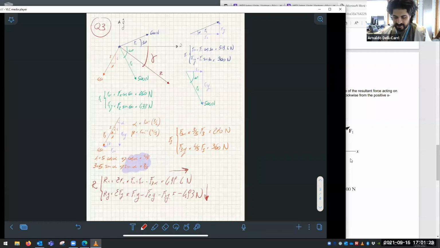How do I check that this angle is almost 45 degrees? How do I find this angle gamma? Again, opposite divided by adjacent. What is opposite? What is adjacent here? This is Ry, and this is Rx. So how do you find gamma?